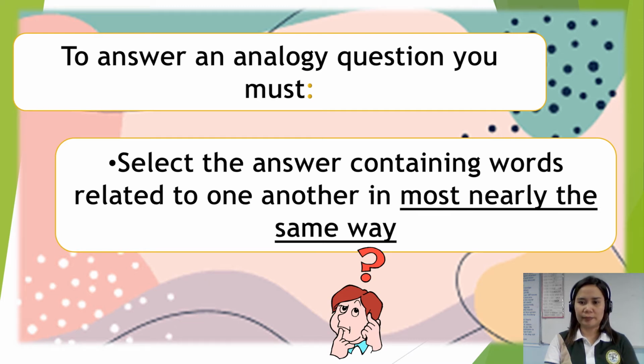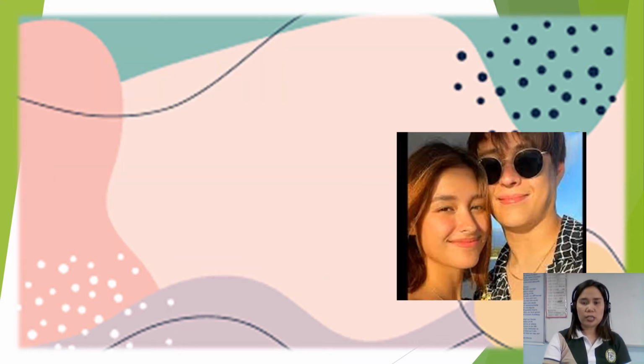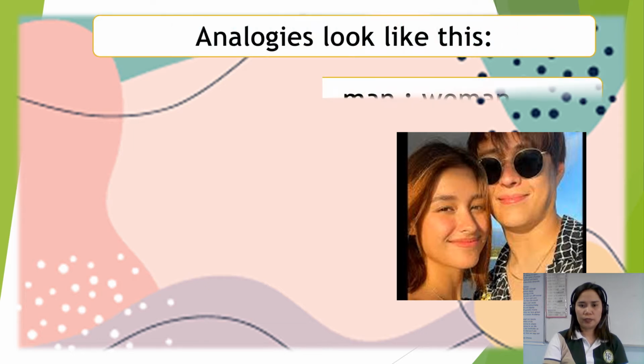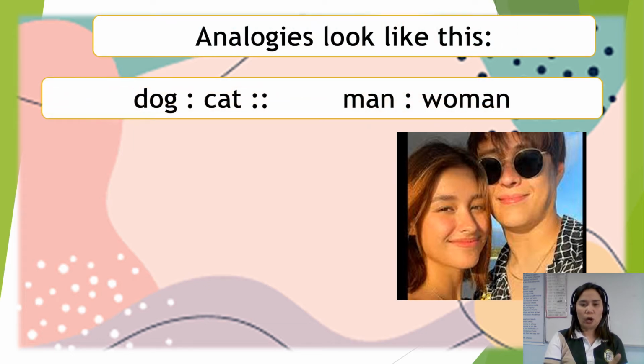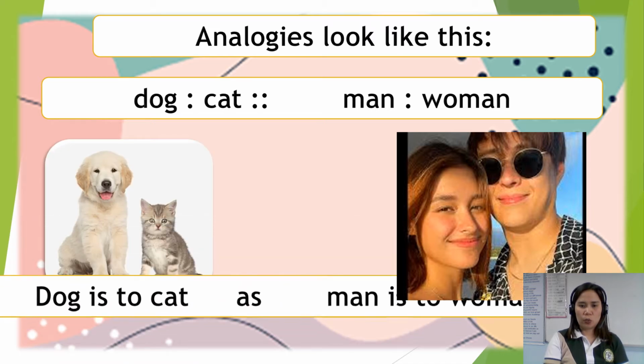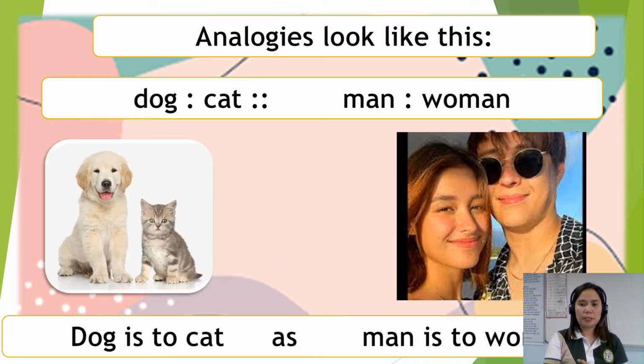All right. Analogies can be abbreviated and it will look like this. Dog, cat, man, woman. So, dog is to cat as man is to woman.